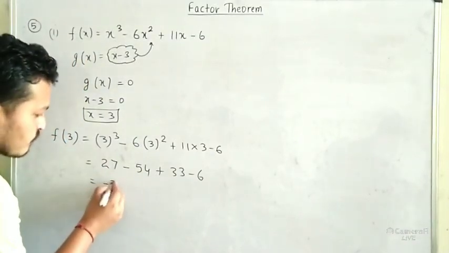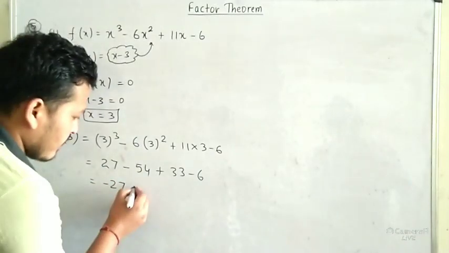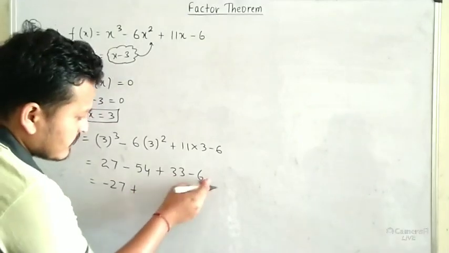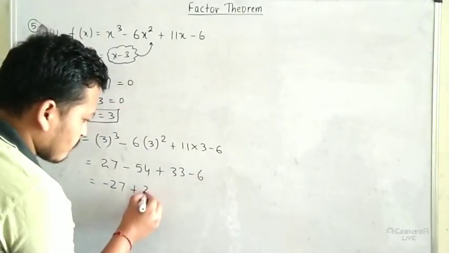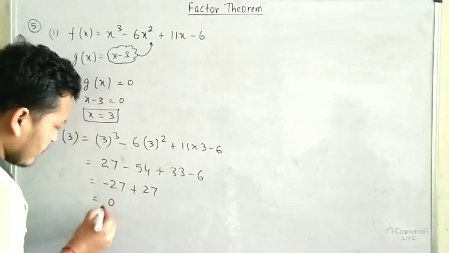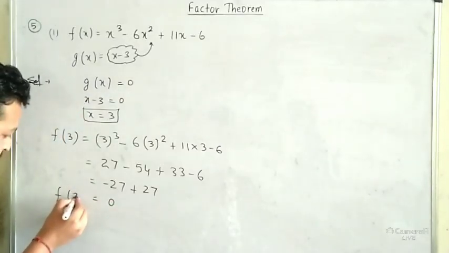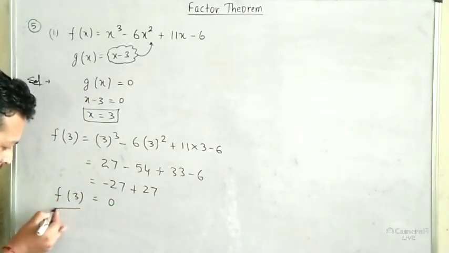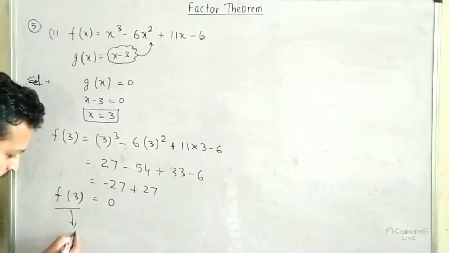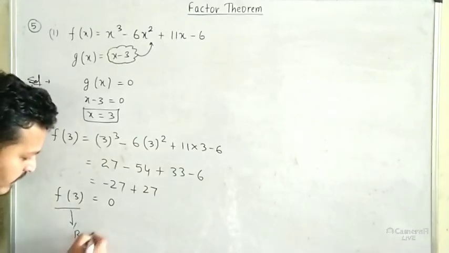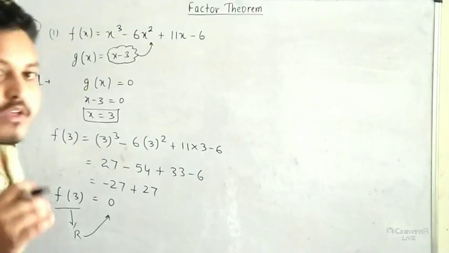It is minus 27 and then the remaining terms are here: 33 minus 6, which is 27. So the answer is 0. It means this f(3) denotes the remainder, and what is the value of the remainder here? The remainder is equal to 0.